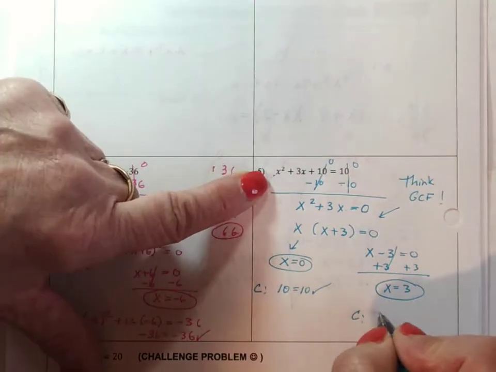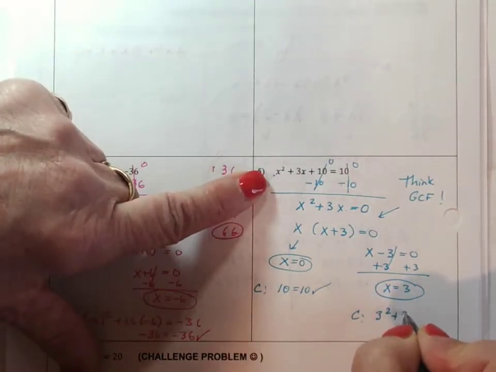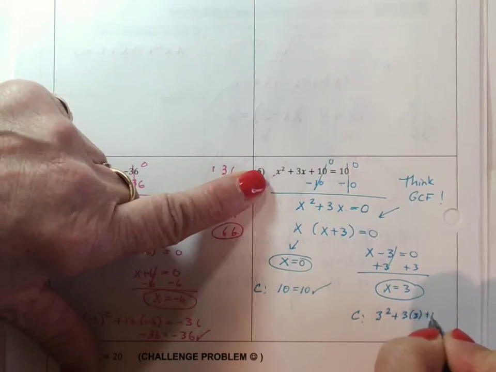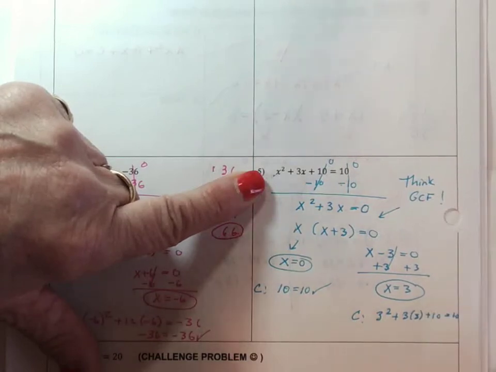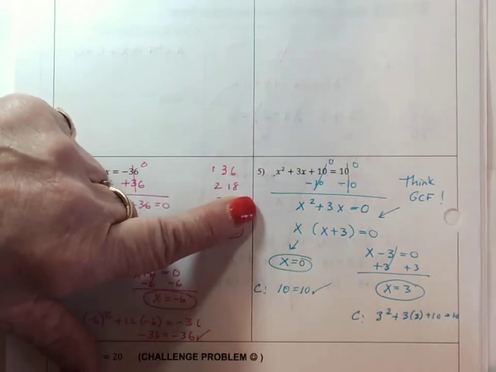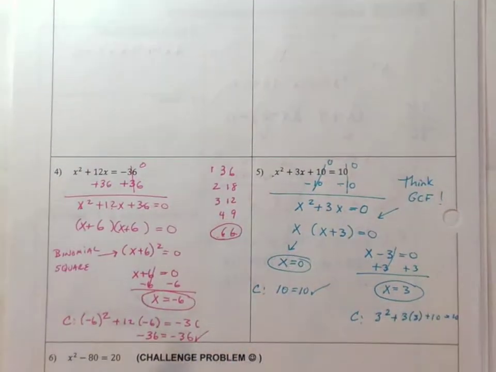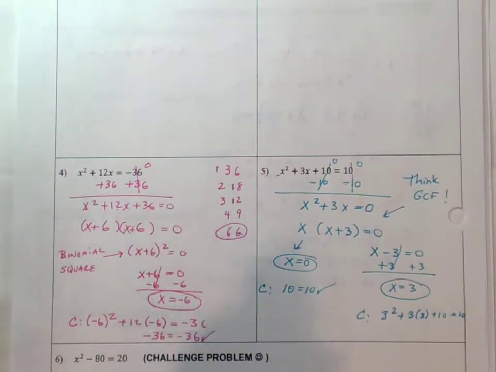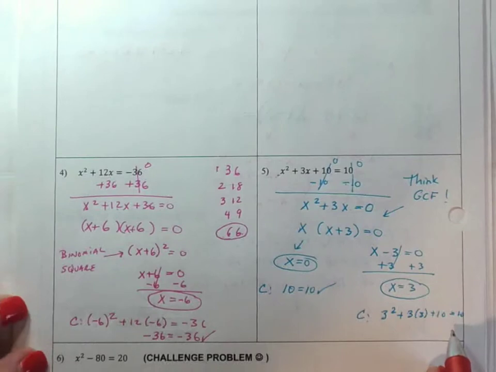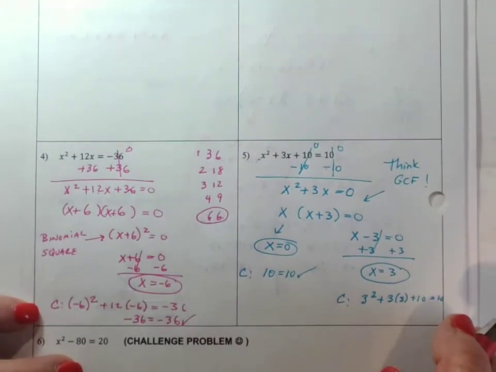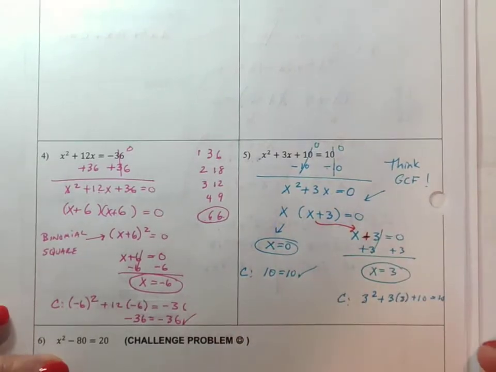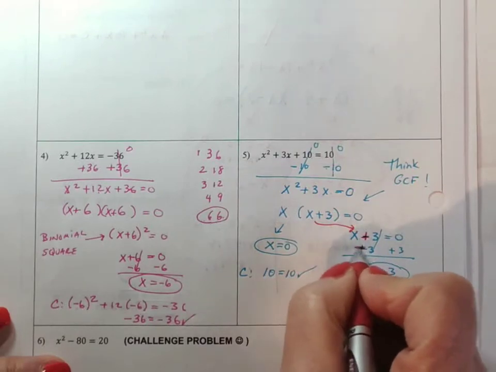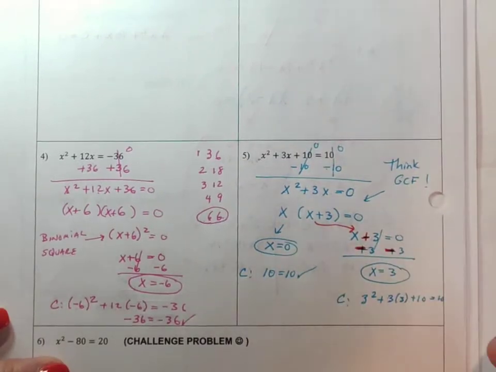Okay, so here I'm going to have 3 squared plus 3 times 3 plus 10 equals 10. Right? And I noticed, oops, I think you probably caught this. I made a mistake. And I found my mistake because it doesn't check. When I wrote this here, this should be a positive 3. So I should have subtracted 3 from both sides.